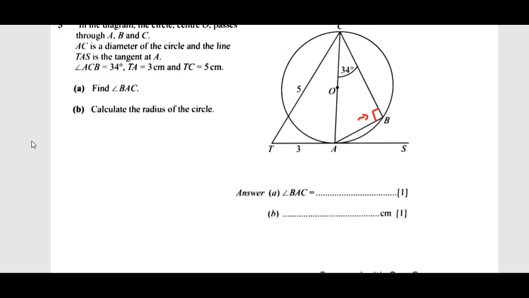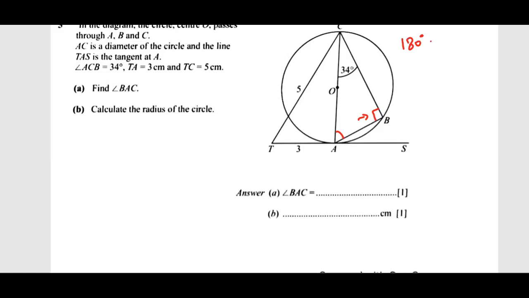Next thing is that we have been told that ACB is 34, TA is 3, TC is 5. We have all that on the diagram as well. Find the angle BAC. So we need to calculate this angle at A. This is very easy. What would be this? 56.